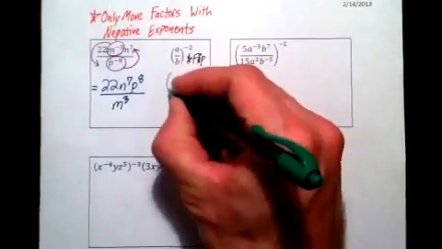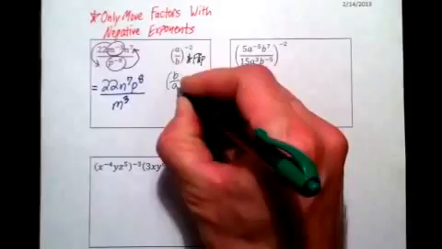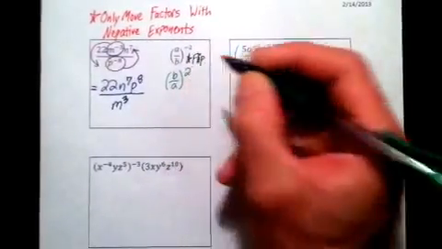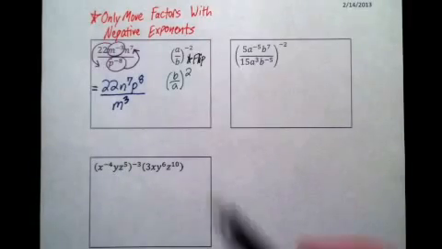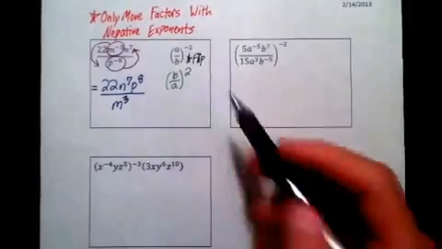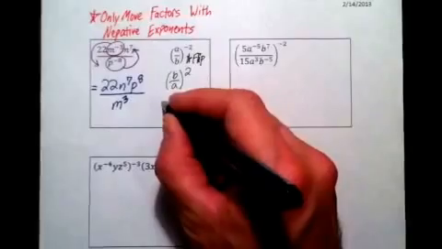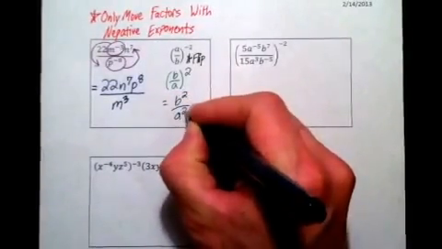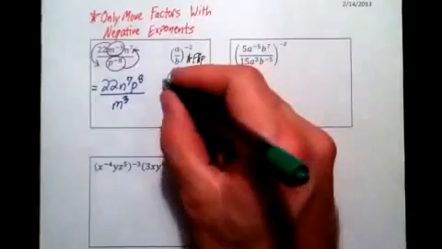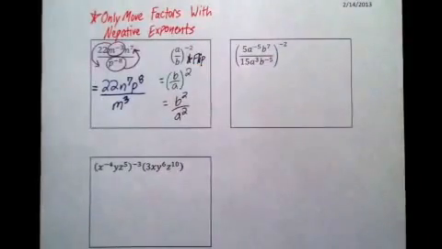So we ended up flipping the fraction, turning it into b over a, and then that turns it to a positive 2 exponent. Our next step, though, then we would have to apply that power of 2 to each factor inside. So that's going to equal b squared over a squared. And that would be our final result in that problem.